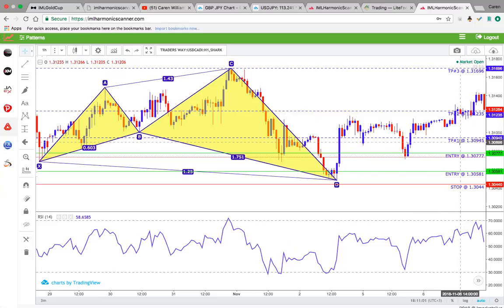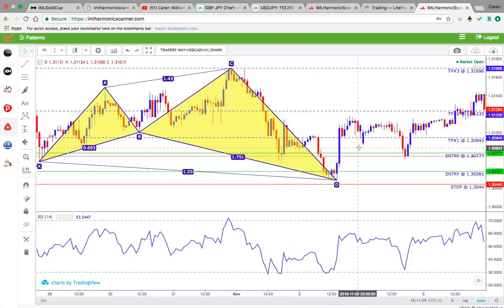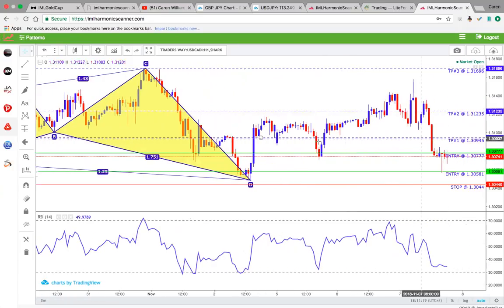Now the harmonic scanner win percentage is 87%. If you're just using the harmonic scanner alone, they're telling you that you can win at least 87% of your trades. As you can see here, this is just an example.